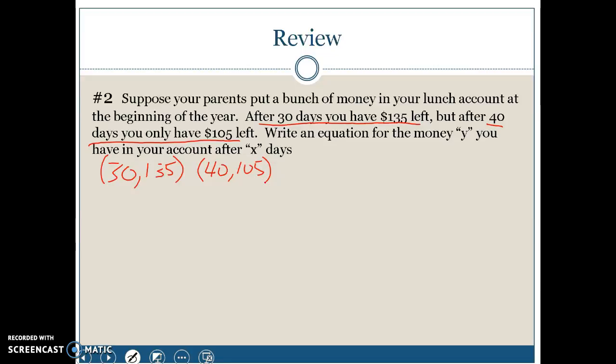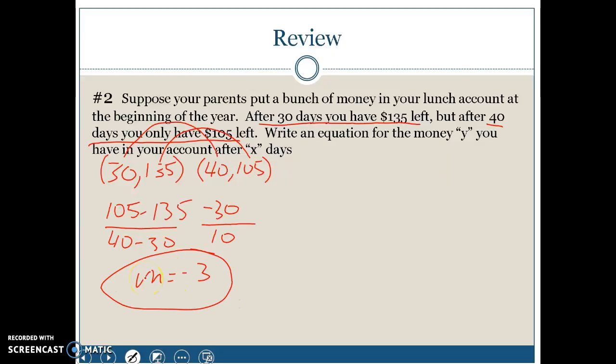So the first thing we're going to have to do is find the slope. I'm going to take y2 minus y1, that's 105 minus 135, over x2 minus x1, which is 40 minus 30. Well, 40 minus 30 we know is 10. 105 minus 135 is negative 30. Negative 30 divided by 10 is a slope of negative 3.